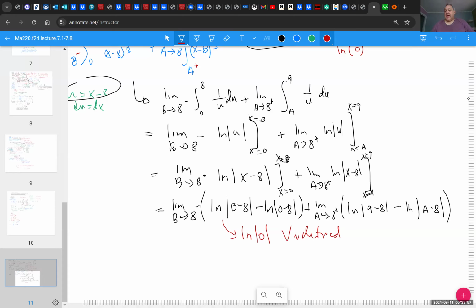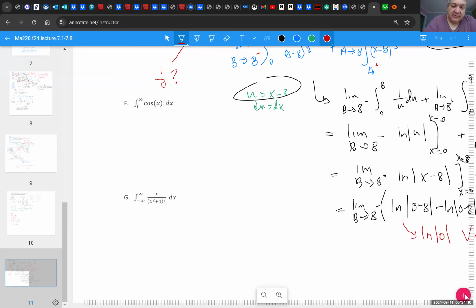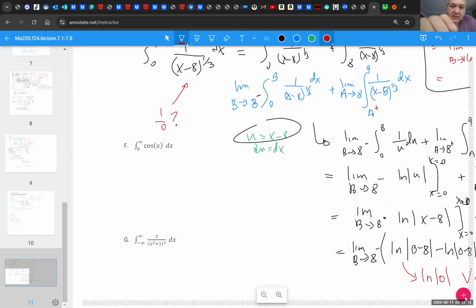So I don't care what you try to add to this, it's going to be undefined. Undefined plus 7 is still undefined. So without even doing the rest of this, we know the answer to this integral problem is undefined. So this thing right here is undefined.